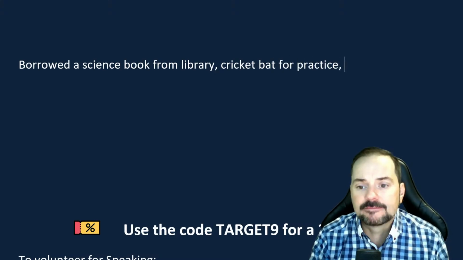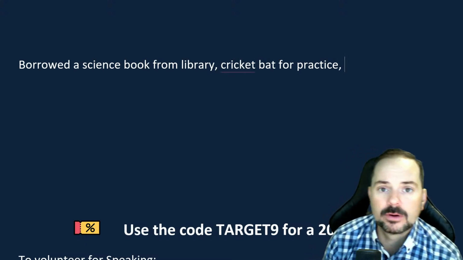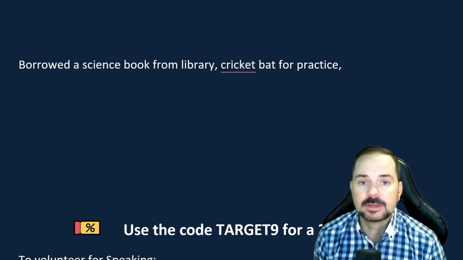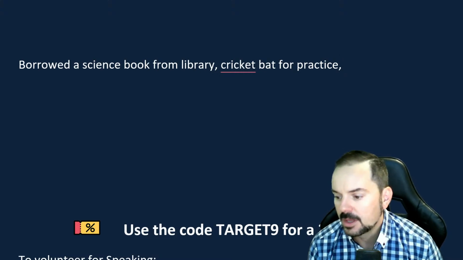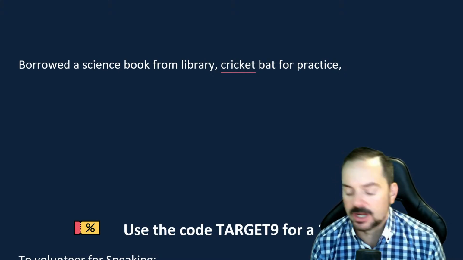Yeah, a cricket bat for practice, right? Why not? It's a very common one, borrowing a basketball or a cricket bat for practicing or for having fun or maybe for a tournament on the weekend. Baljit says a Harry Potter book, yeah, or a paintbrush.